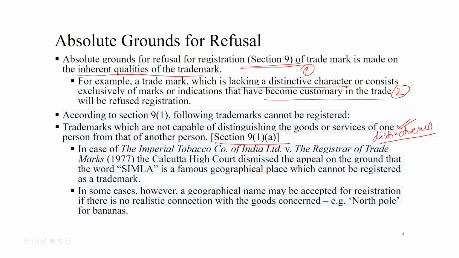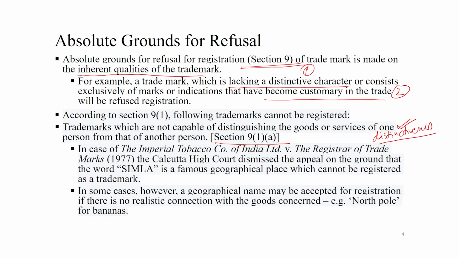We discussed it in detail in the previous lecture. So, if the mark inherently lacks distinctiveness by virtue of section 9(1)(a), such marks are not registerable. There are cases.